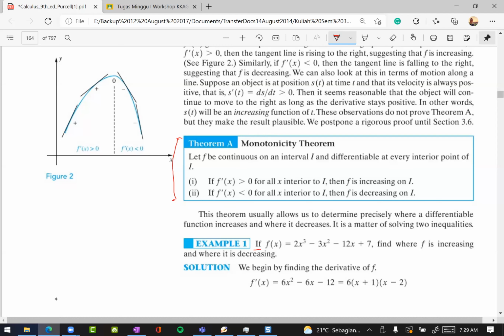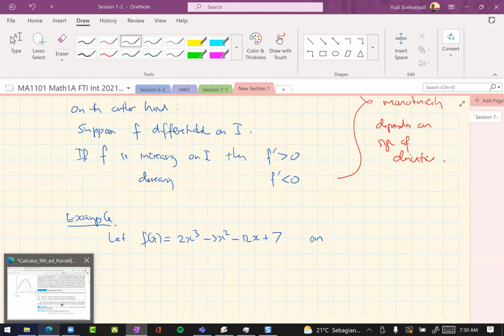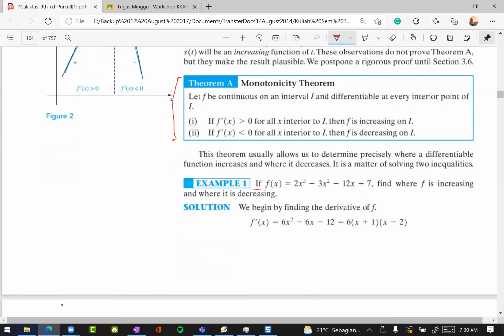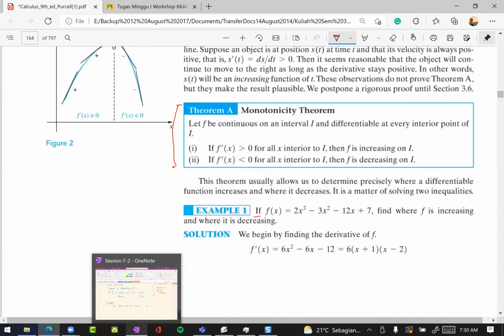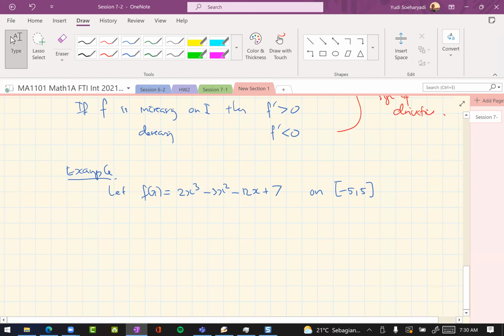So we find the critical points. Given f(x) = 2x^3 - 3x^2 - 12x + 7, after calculating this, find all critical points.